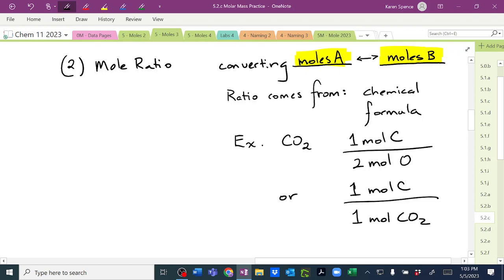Any sort of thing you can get from that compound. I'm not going to write the third one. There's a third one you can get out of it, moles of O2 to moles of CO2, but I don't think we need to write them all.